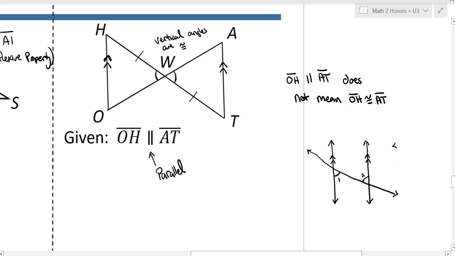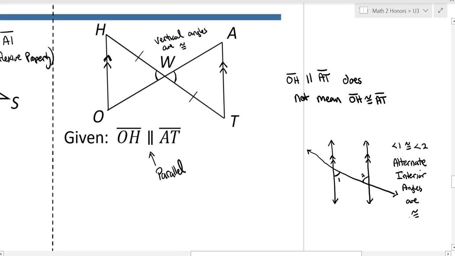And we can say that angle 1 is congruent to angle 2 in this case. So you have to have parallel cut by a transversal, and we call those alternate interior angles. And in that case, they are congruent. You have to have parallel in order to say that.